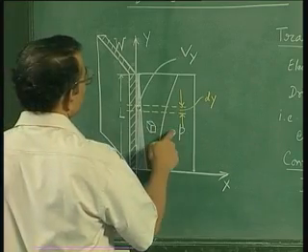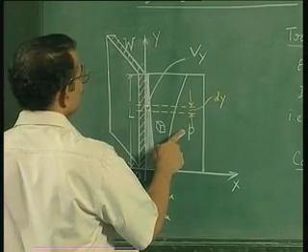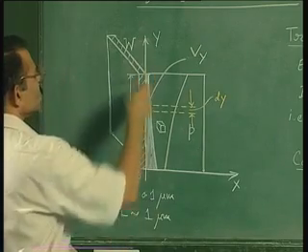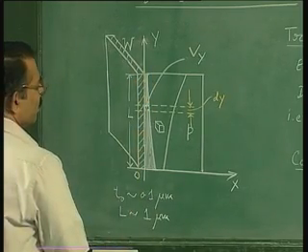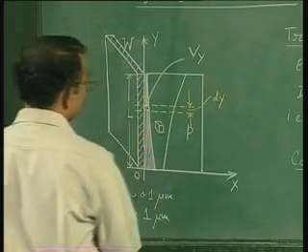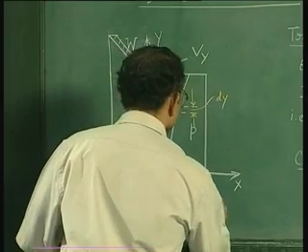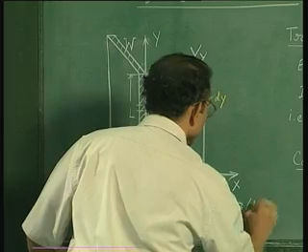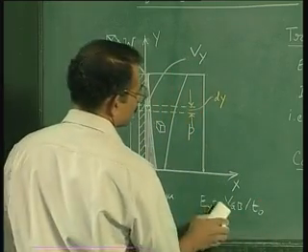Now gate to bulk voltage is suppose about 5 volts. Let us assume drain to source voltage is also 5 volts. Now clearly the field in the x direction is approximately gate to bulk voltage by T naught. This is approximate order.